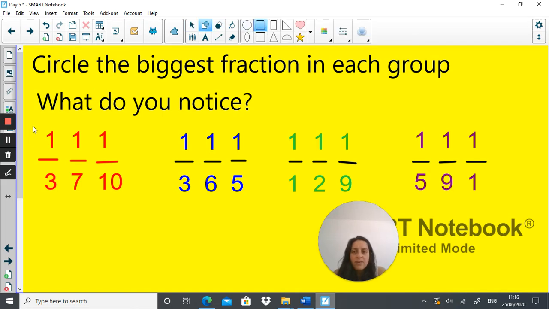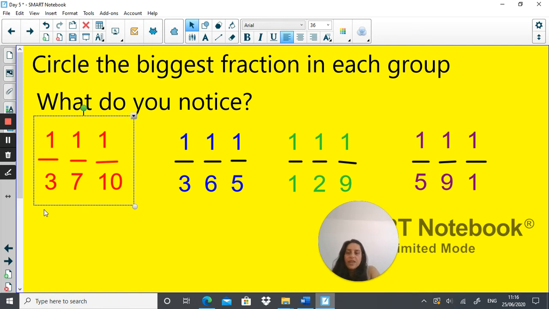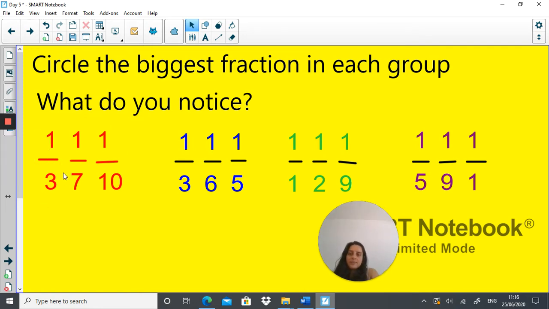The biggest fraction would be a third. You can just tick it. So the biggest fraction in this group was a third. The biggest fraction in this group is a third.